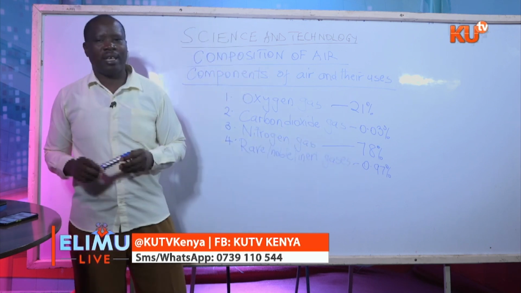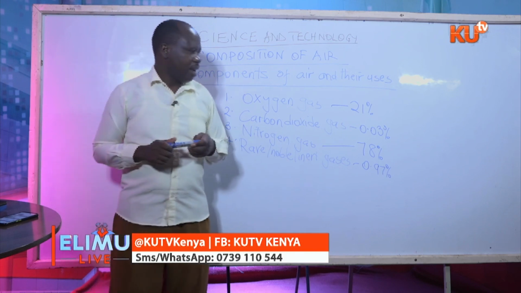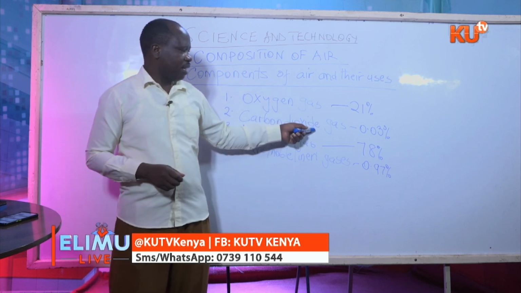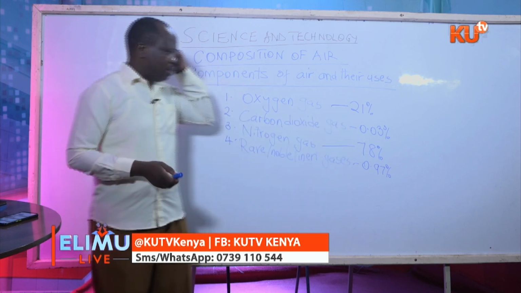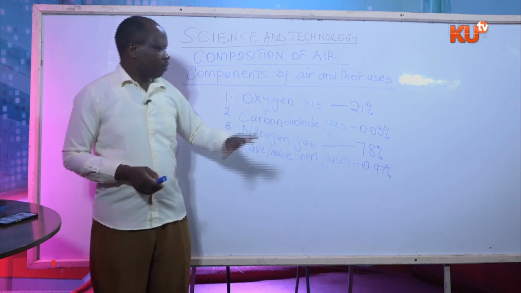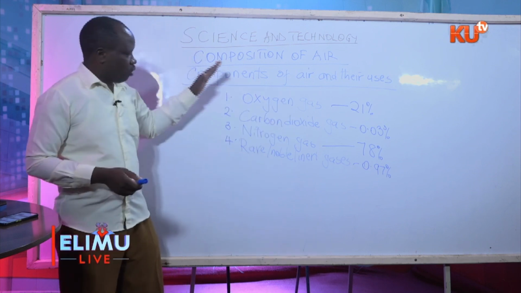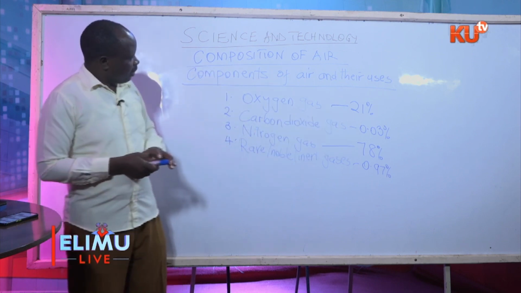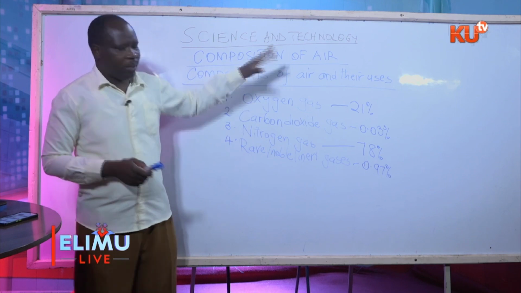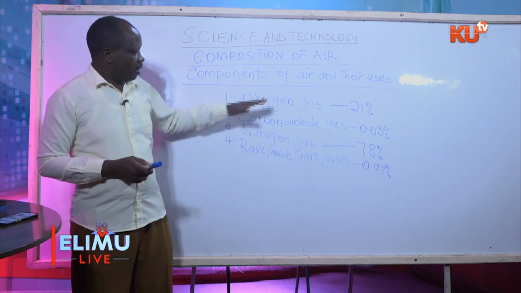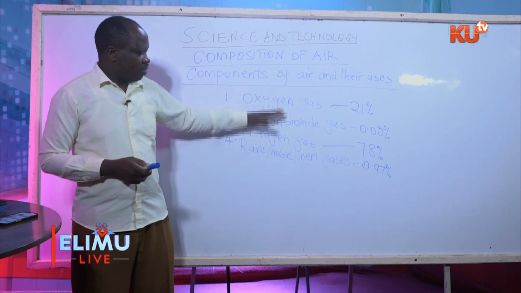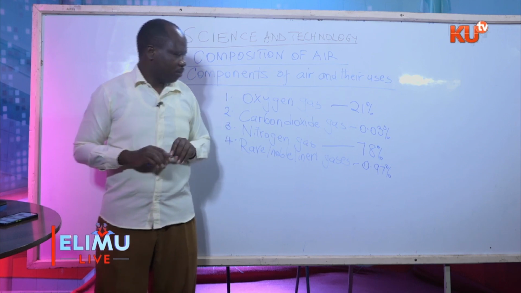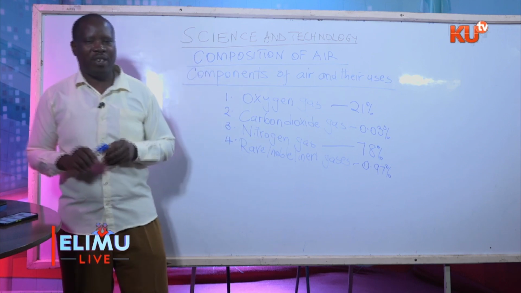And finally, the one that takes the least share in the components of air is the carbon dioxide that takes 0.03%. You can be asked to present it in a pie chart. You get that one. And now, having seen the definition of components of air and the components themselves here and their uses, you should be able to explain whenever you are asked.